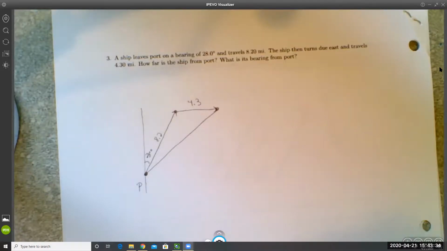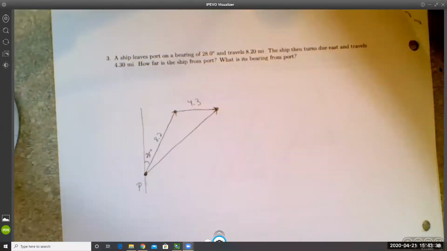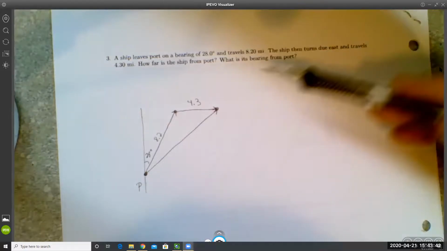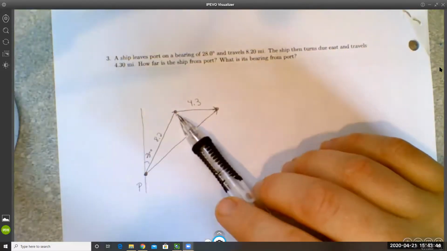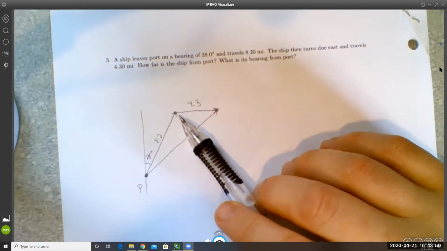So what are we going to do about this thing? I need to know this angle here.